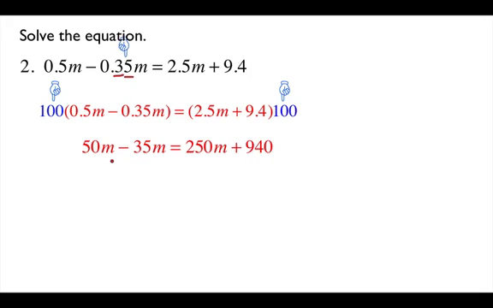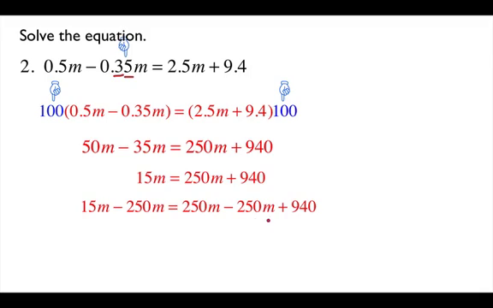At this point, I noticed that they separated these two terms, so I'm going to combine them. Do the opposite. And then I get 15m equals 250m plus 940. Next, they're adding 250m, so I am going to subtract 250m from both sides.